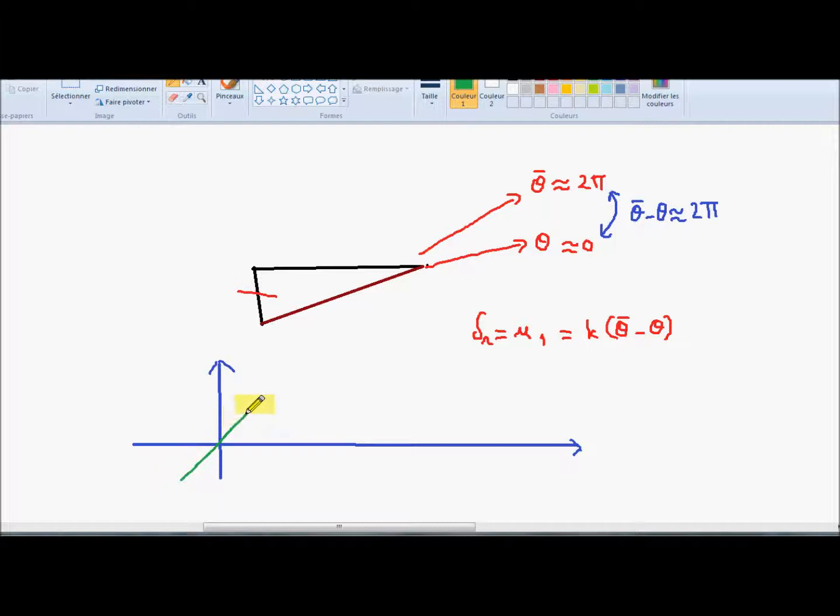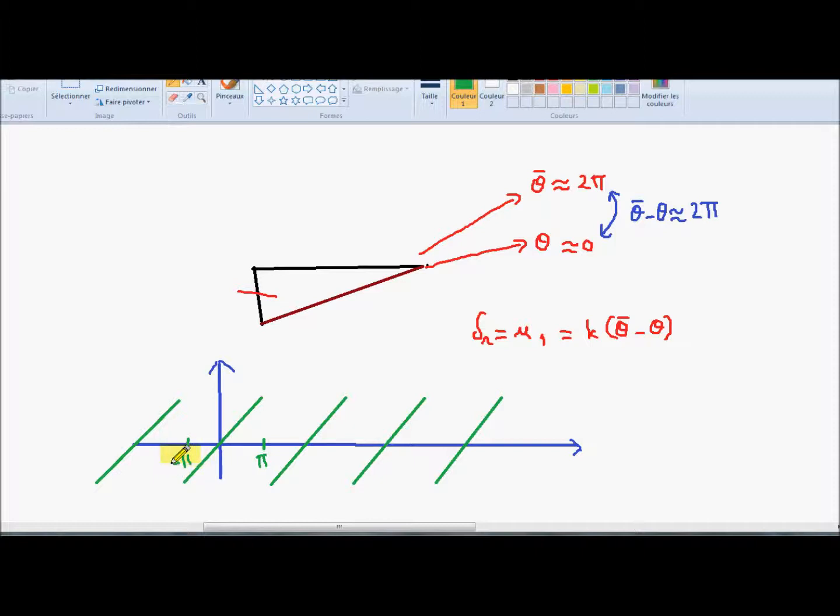Around 0, it is the identity, and it will be periodic like this, and so on. Here I will have π and minus π.